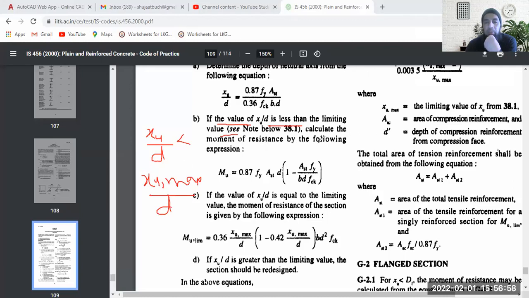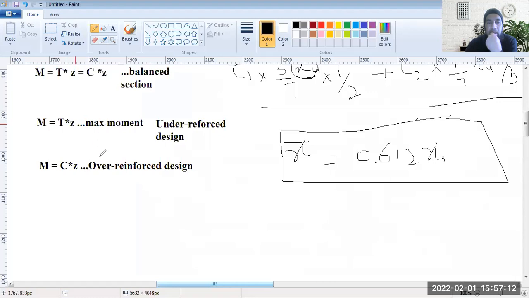Calculate the moment of resistance by the following expression. So this is your moment of resistance of the section. So for an under reinforced section, it will be decided by what? It will be decided by, I told you, T into Z. So what is the value of T?